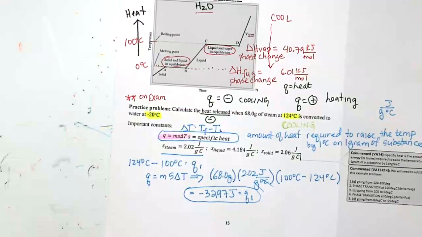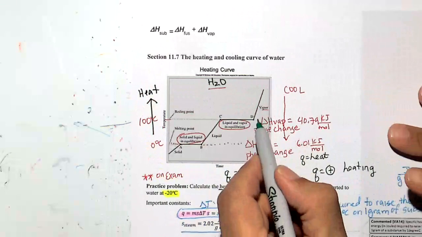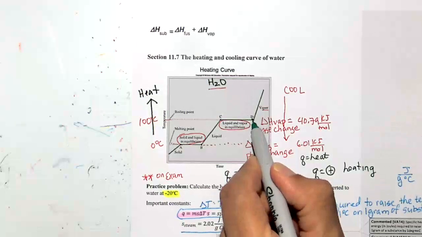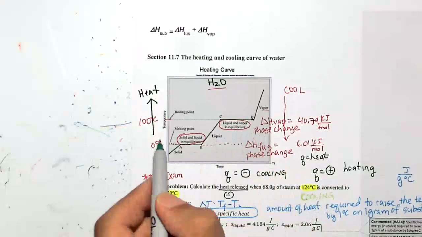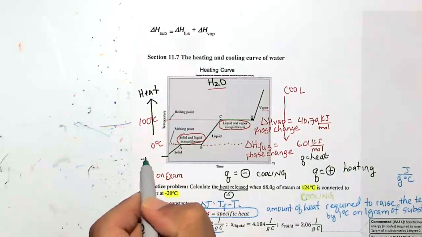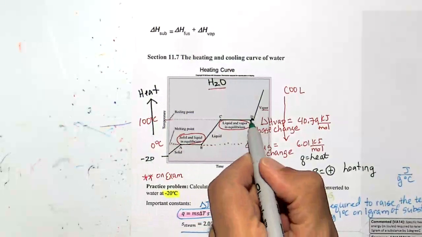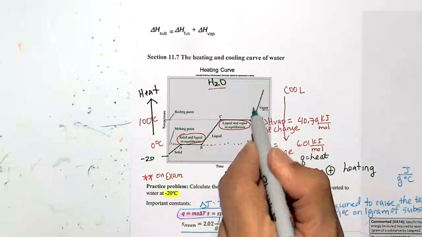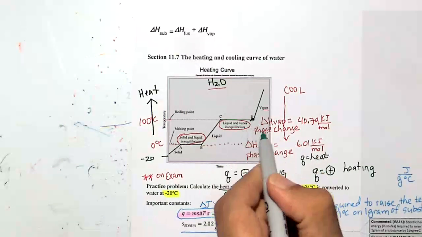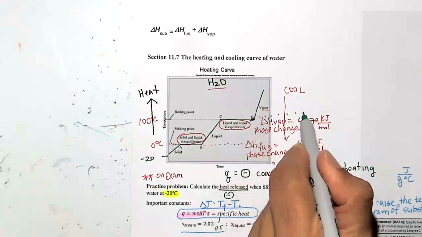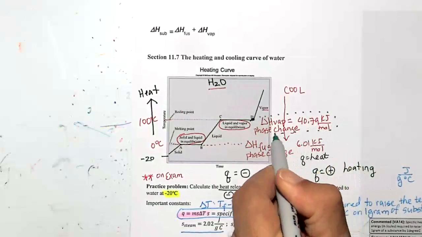All right, so what is our next heat? Our next heat is we're cooling this. We got to 100 degrees, and we're going to cool it all the way to the final temperature, which is minus 20. So at 100 degrees, after going from 124 to 100, what do we have? We have a phase change.